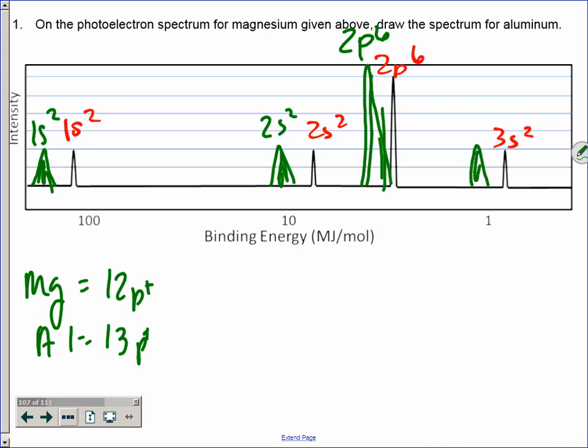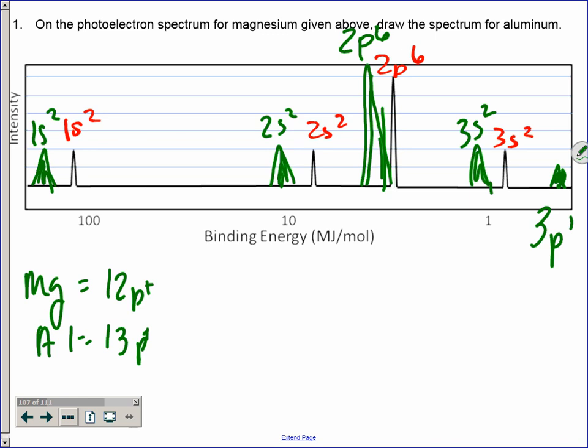Same but to the left, and that's 3s2. And then what else do we have for aluminum, guys? All right, so how big is the 3p? Half of this size, okay, because the 3s represents 2 electrons. So the 3p one is going to be half size.